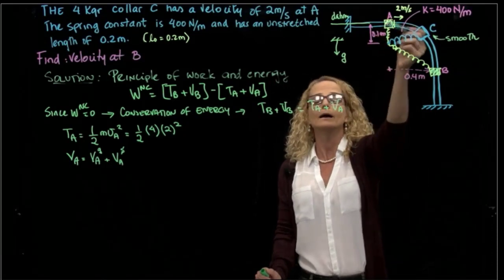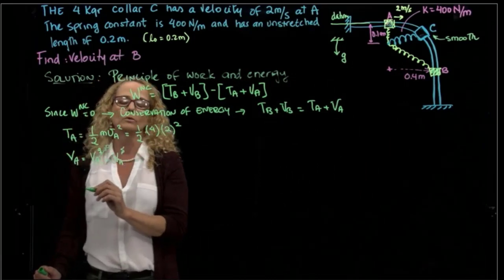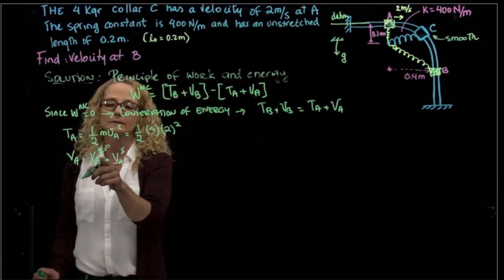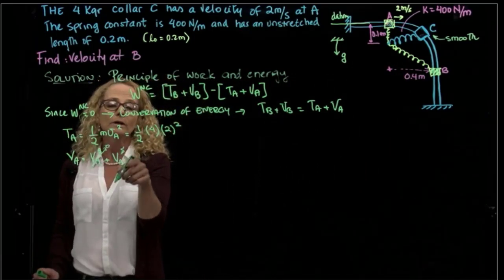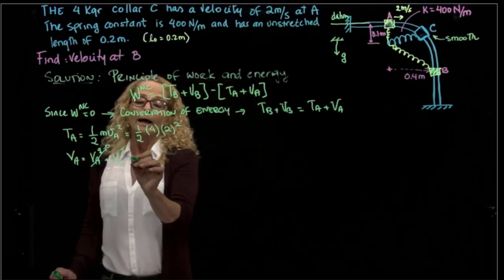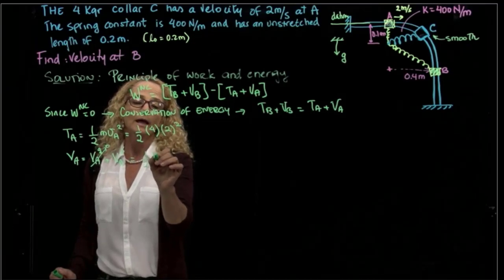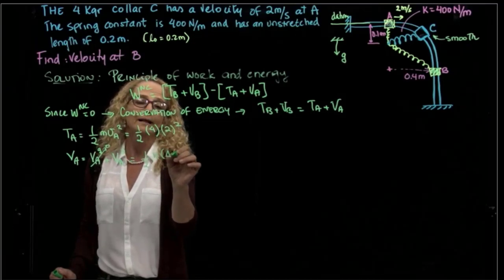Right here I have no potential energy due to gravity, so this is 0, and then I have only the potential energy done by the spring, which is 1/2 k times delta L.